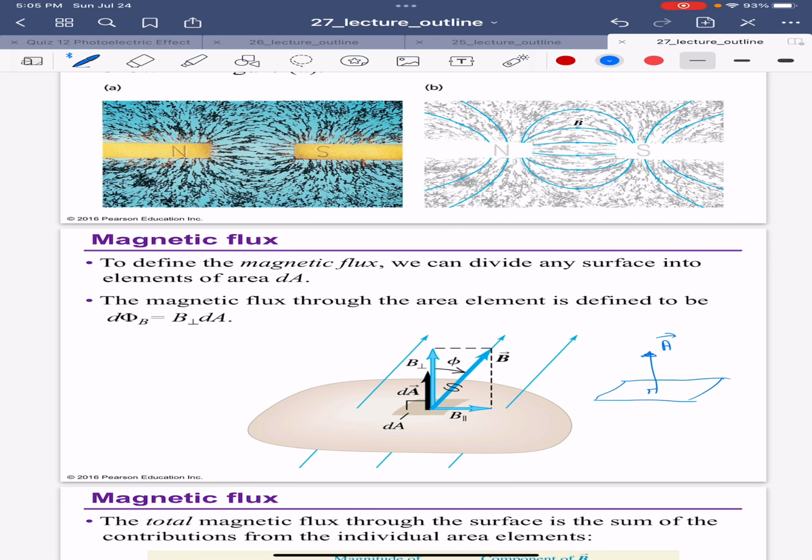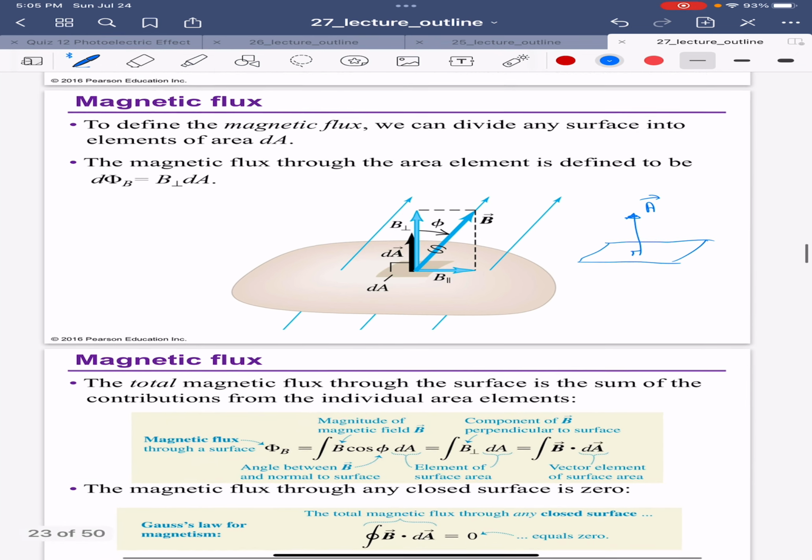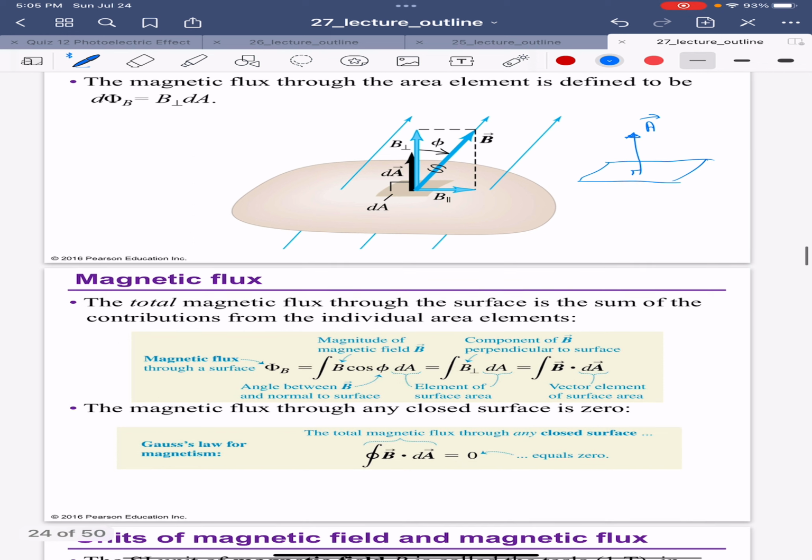The magnetic flux, phi, is d phi equals B perpendicular times dA. Now the total flux through the surface is the sum of all the contributions from all the individual area elements.